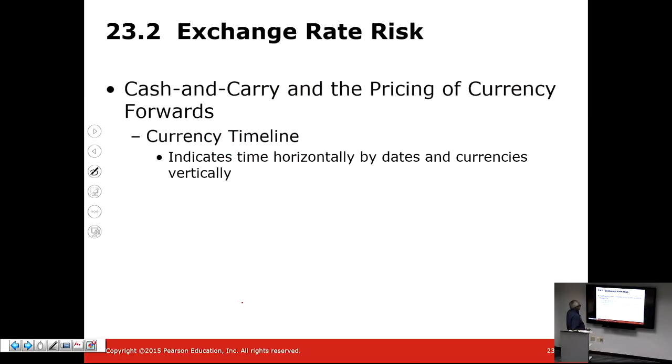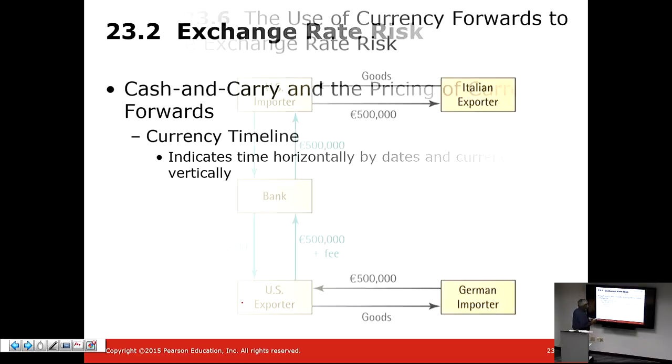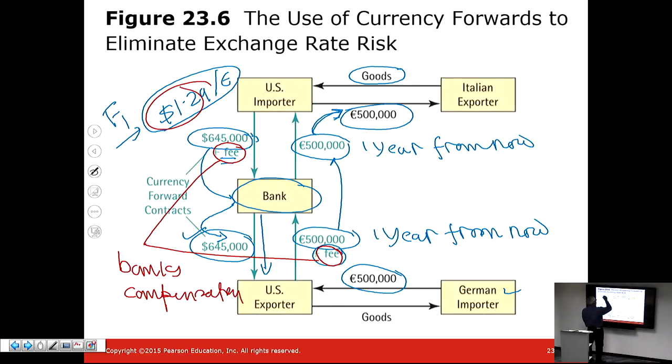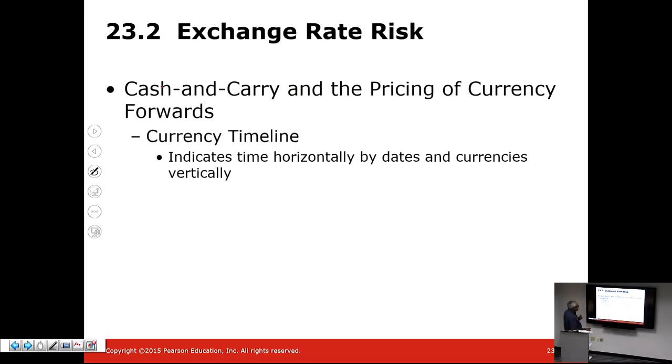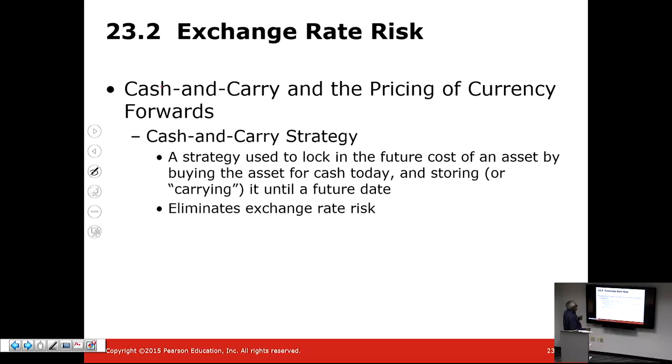Okay. Now let's look at how this forward rate, this 1.29, was established. To understand that, we have to look at the alternatives between the forward transaction and what is called a cash and carry transaction. And we will establish that the forward transaction and the cash and carry transaction are equivalent.